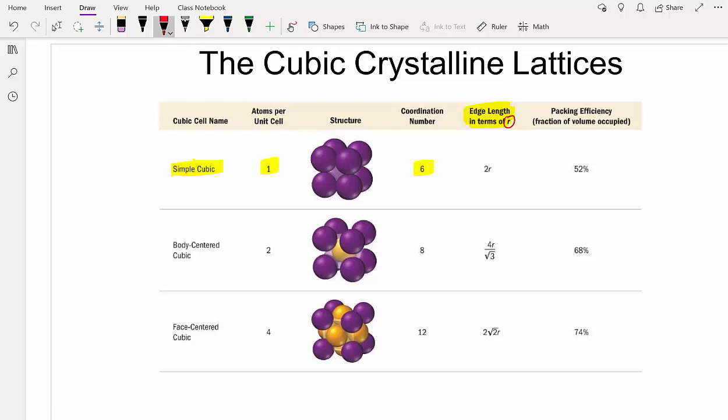The calculations for this would not be shown in this video, but I need you to know that for each cube, the length of the edge is related to the radius of the atoms that make up the unit cell. Please remember these relationships.